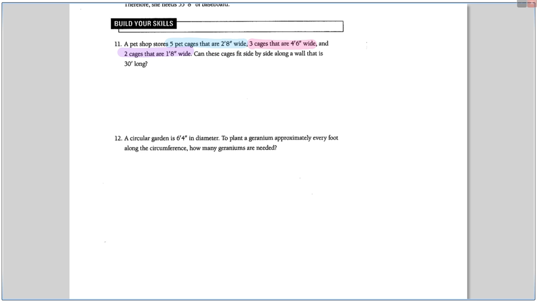Alright, so 2 feet 8 inches, and we have to times that by 5. And remember, you have to do these things separately because they're different units. So 2 times 5, 10 feet, and 8 times 5, 40 inches. Now the 3 cages that are 4 foot 6 inch, we've got to times by 3.